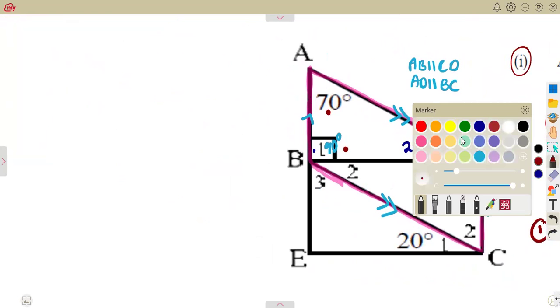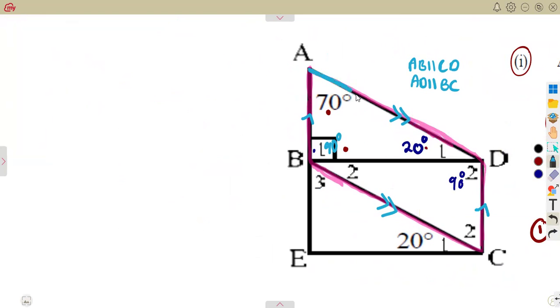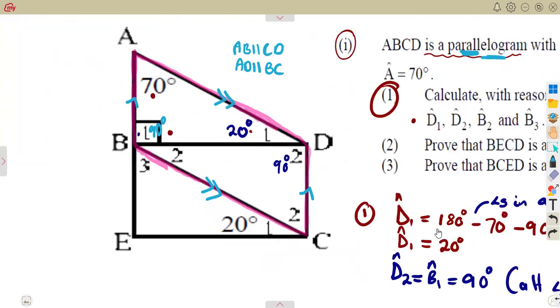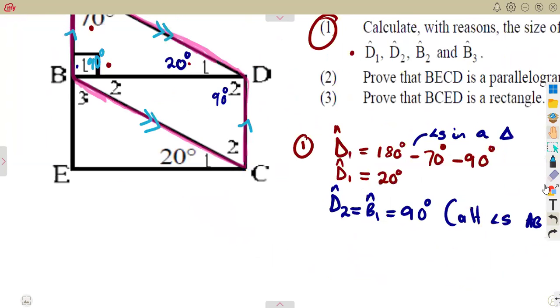Since these two lines are parallel, we can see that we are forming a Z here. So this angle D1 and B2, they are equal. We are forming a Z, the alternate angles. So D1 and B2 are equal. So thus we can calculate angle B2.